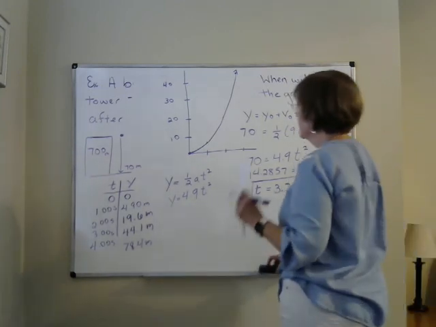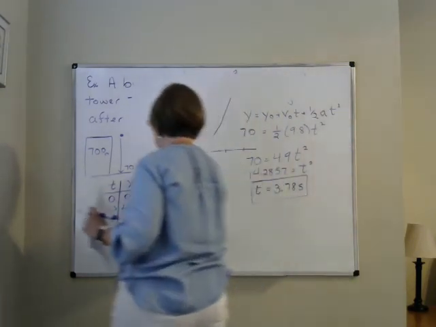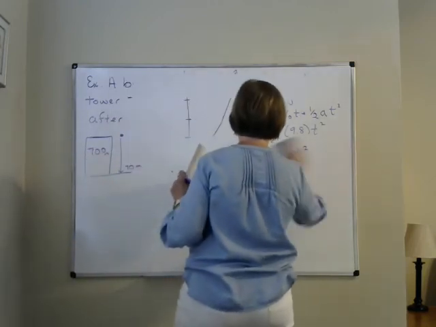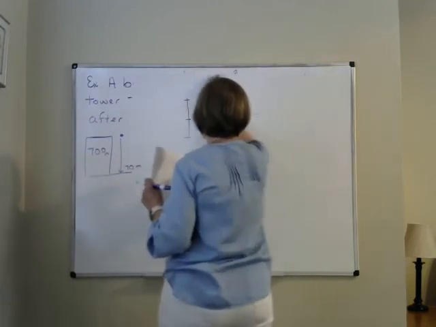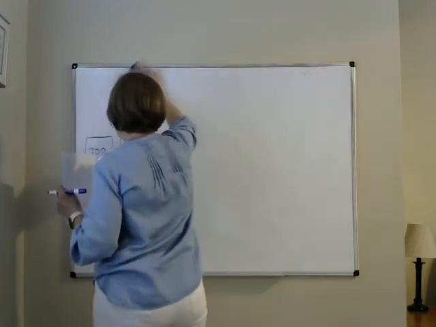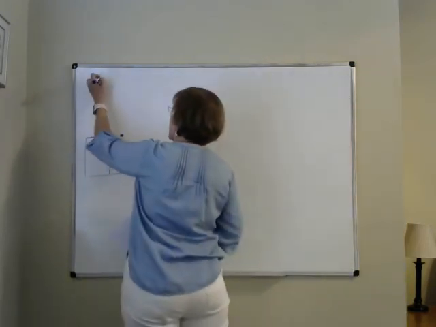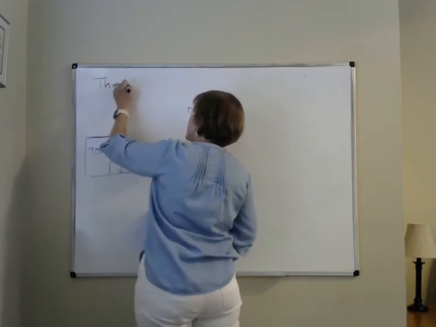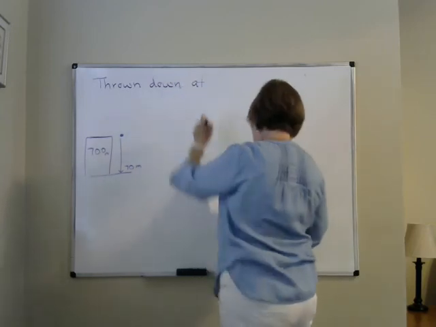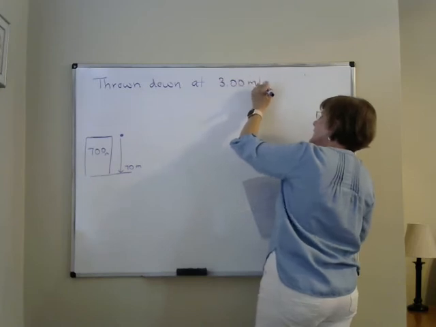Now, let's do one more consideration. Let's go back up on the tower, but let's not drop it. Remember, when we dropped it, it took a little less than 4 seconds to hit the ground. But what if instead of dropping it, we actually throw it down? Suppose it's thrown down from 70 meters at 3 meters per second.